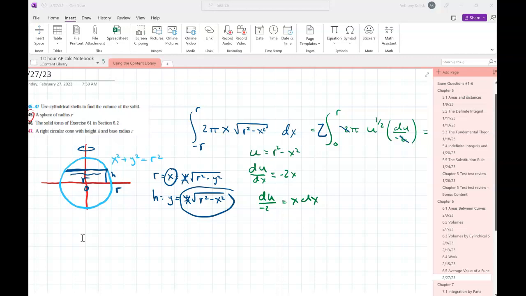So as a reminder, one of these is calculator, the other is no calculator. I'm going to give you guys the calculator section first. After you do that, you can turn it in, and I'll give you the no calculator section afterwards.